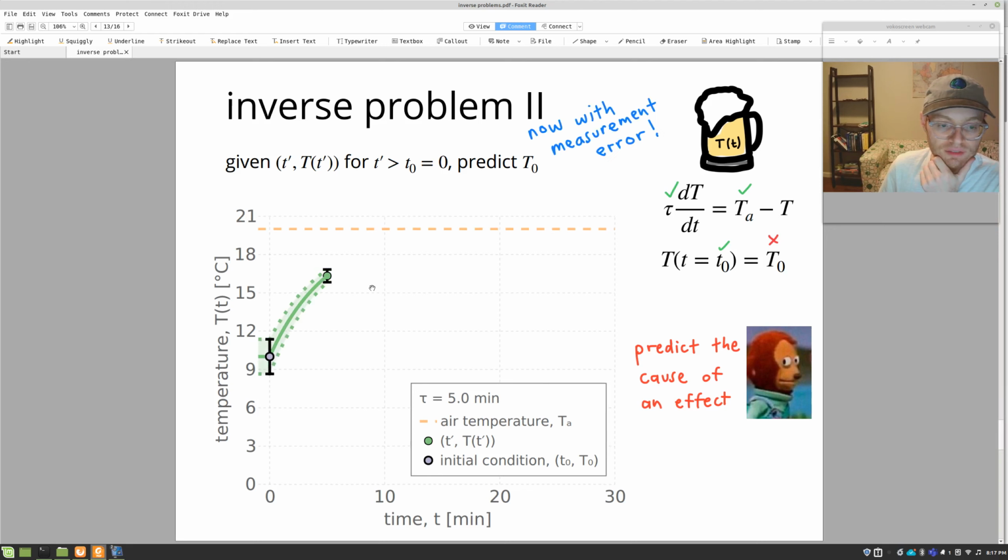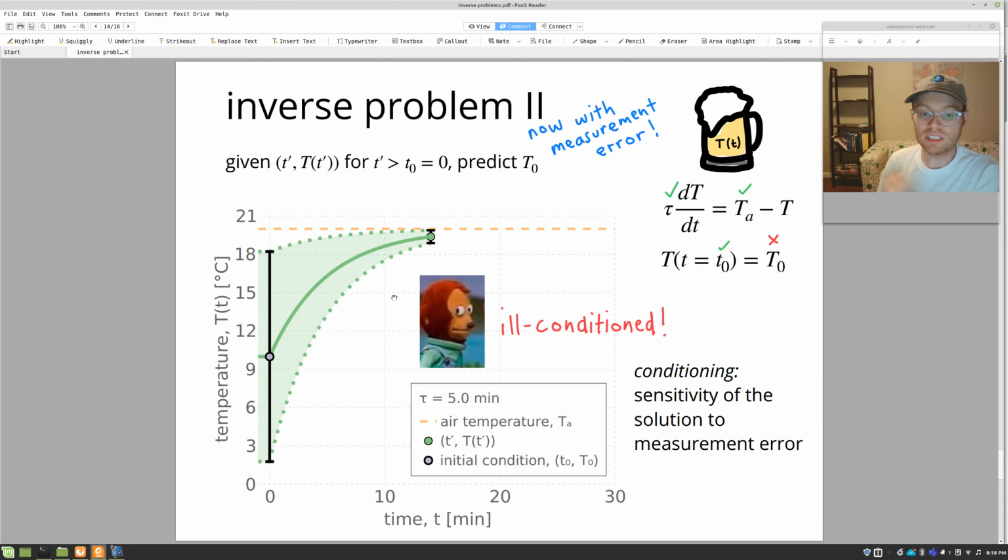And unlike the forward problem, which wasn't too sensitive to measurement error, now if you have a little bit of measurement error, see, this little error gets amplified to a big error here. Okay? And it's even more severe if the beer has been out of the refrigerator for a long time. Now this little bit of error will be amplified into this very large error here in your predicted initial temperature. And this is known as ill conditioning.